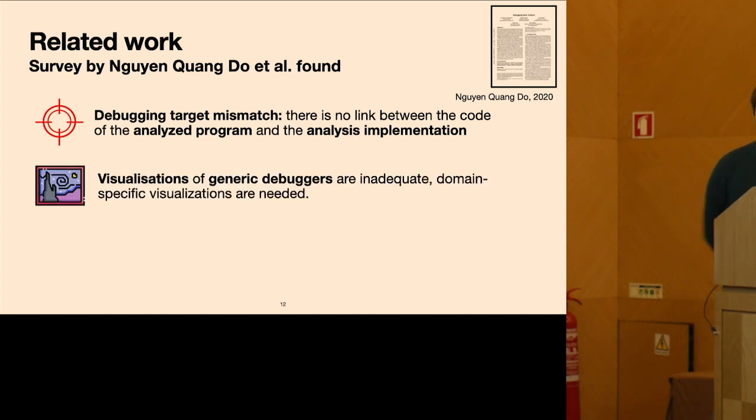And furthermore, the survey found that the generic visualizations and state inspections of debuggers are not adequate enough to debug static analyses, because the states of static analyses become very difficult to reason about, certainly if you can only see the memory structures that we have in the analysis implementation.